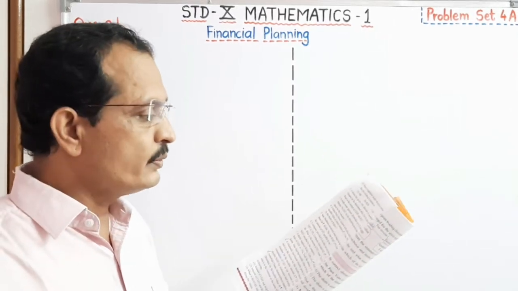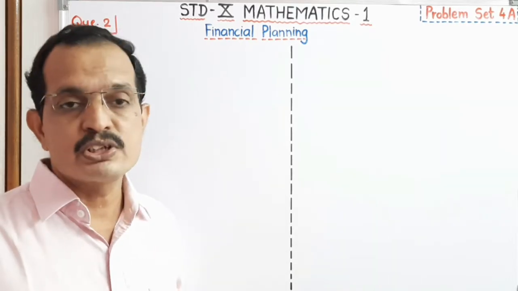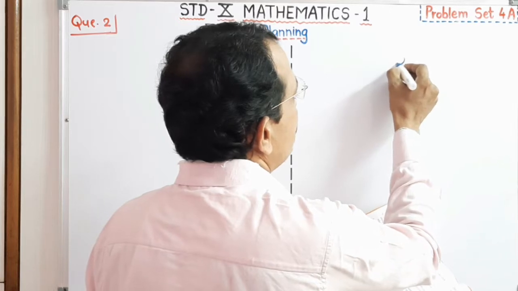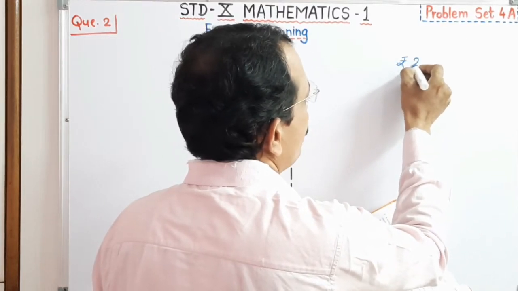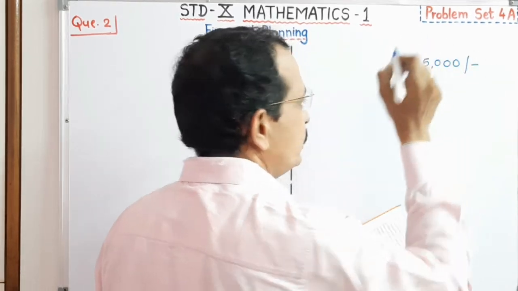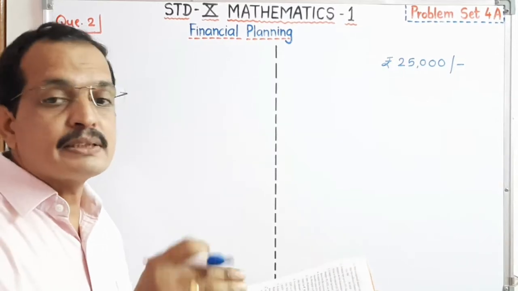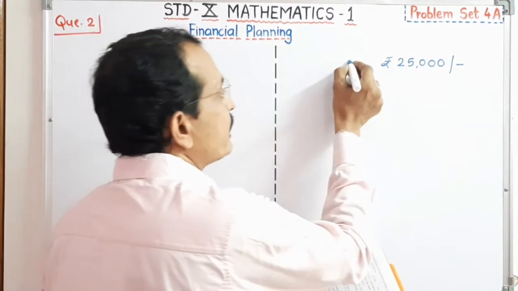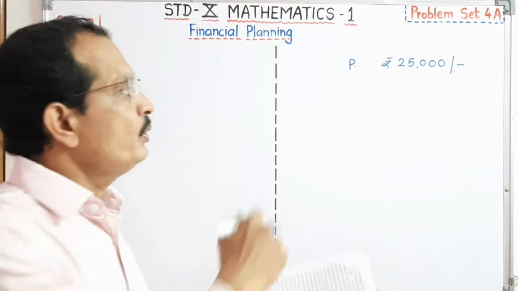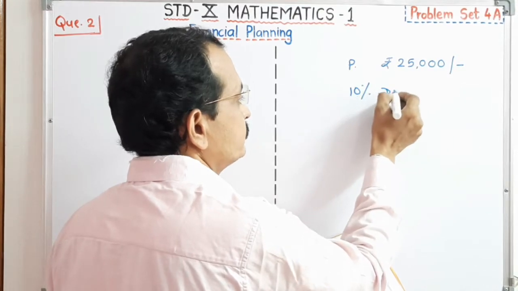A dealer has given 10% discount on a showpiece of rupees 25,000. That means one showpiece is there and the printed price of that showpiece is 25,000 rupees. On this printed value he gave 10% discount.